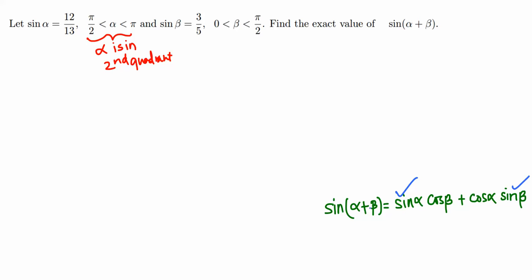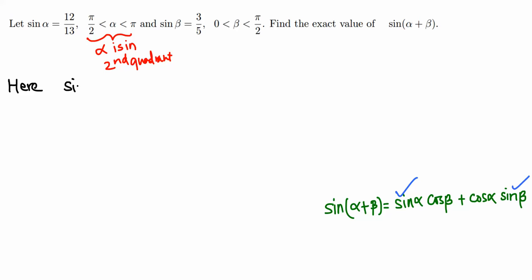Okay, so we need to work with two different right triangles, one with the angle alpha, so that we can find cosine alpha, and another right triangle with angle beta, then we can find cosine beta. Okay, so the solution goes in this way.